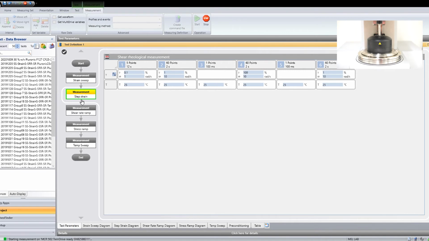Once this test is done, we move on to strain recovery measurement, which has multiple intervals. First, we apply a low strain amplitude to measure the initial properties of a gel. In the second interval, we apply a high strain amplitude for a specific amount of time, and then we go back to the initial low strain.